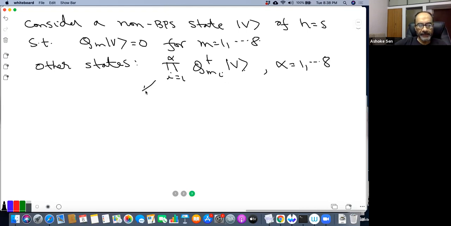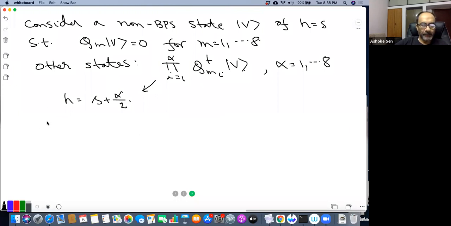These have h equal to, of course, you start with s, and each time you act with this, you add half, so it's s plus alpha by 2. And you have to look for all possible ways of choosing these M_i.